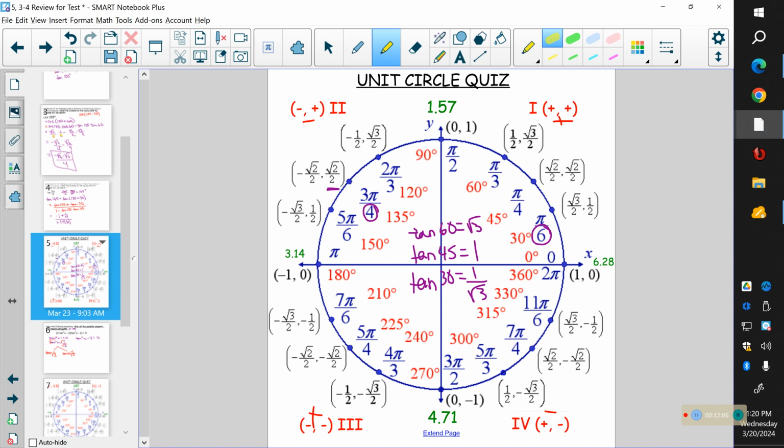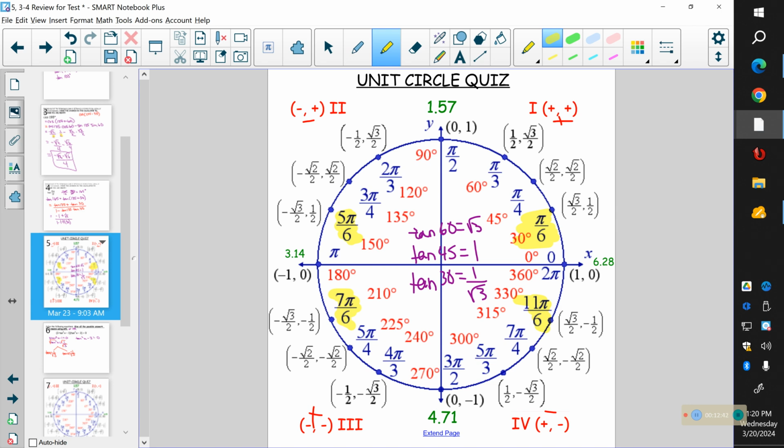That means that I am looking at, erasing these, I am looking at this angle, and that has a positive, and this angle has a positive, this has a negative, and this angle has a negative. Why am I highlighting the wrong ones? That's bad. This angle is going to be a negative tangent. This angle is going to be a negative tangent. This angle is going to be a positive tangent. Those are your 4 answers.